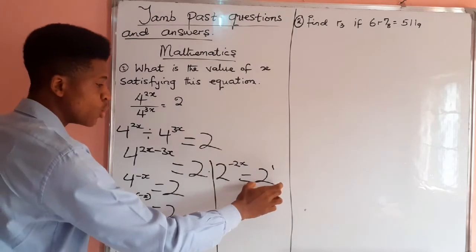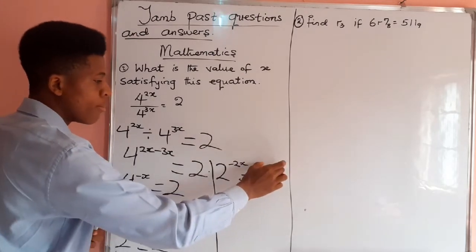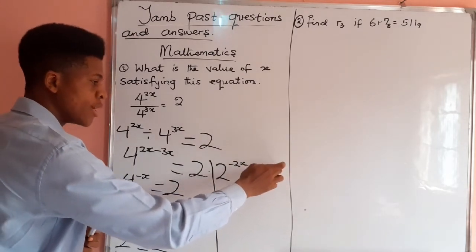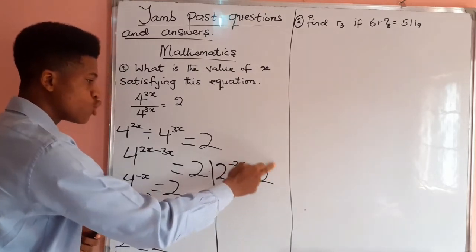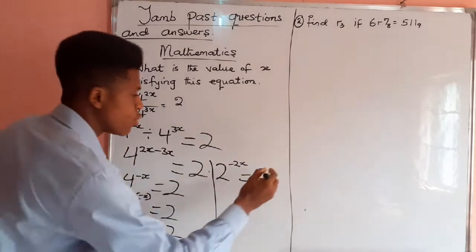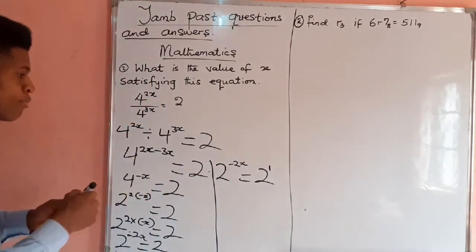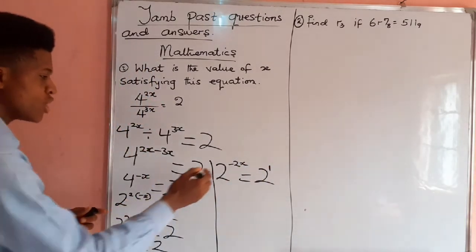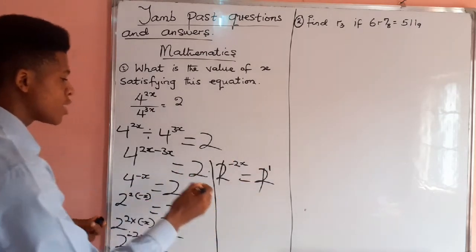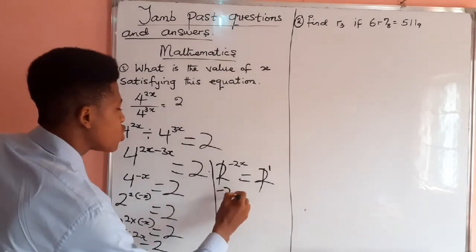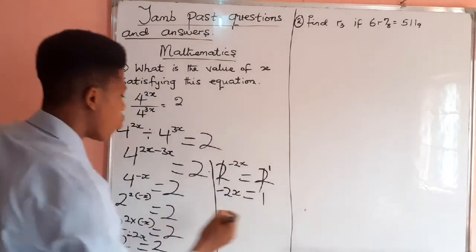This base being 2 alone is raised to the power 1. Of course, when it's raised to the power 0, this will be 1, but since it's 2 as a number on its own, it's raised to the power 1. And now, therefore, these two bases can cancel out each other. This will be minus 2x is equals to 1.